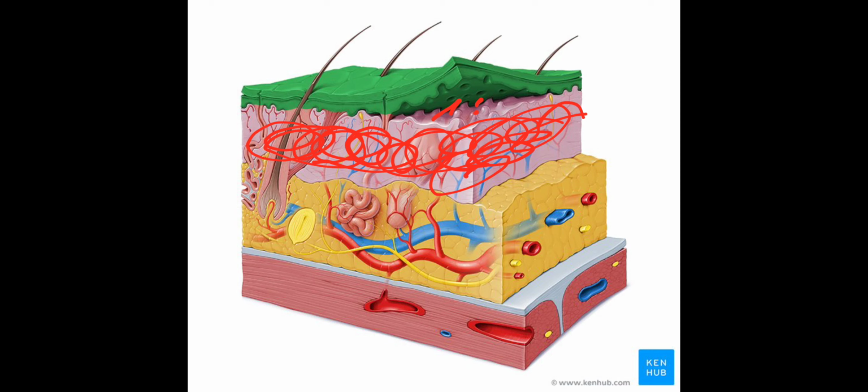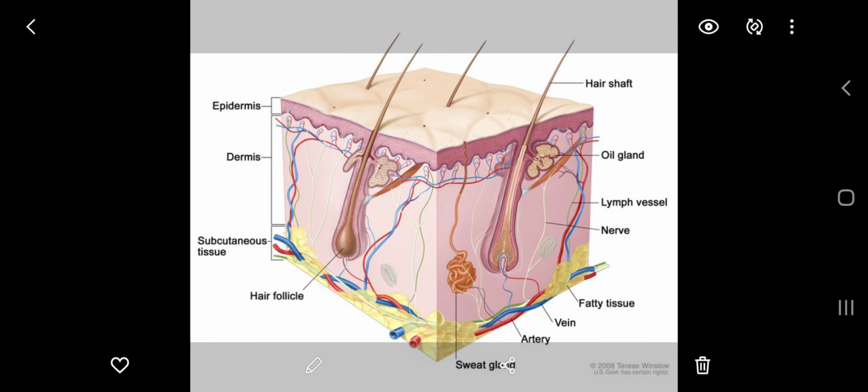Let me show you another diagram. In this diagram, you are able to see some more parts like the hair shaft, the oil gland, the lymph vessel, the nerve, fatty tissue, vein, artery, sweat gland, hair follicle, subcutaneous tissue, the dermis and epidermis. The lymph vessel.